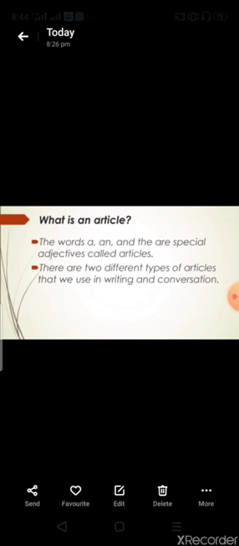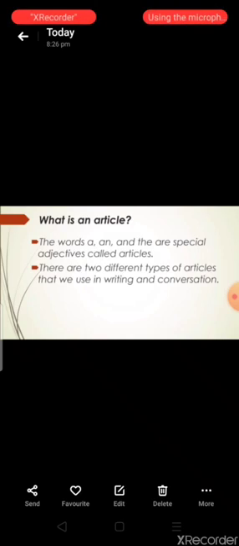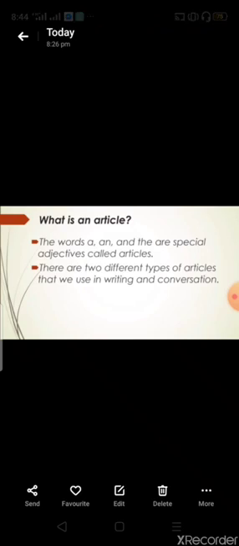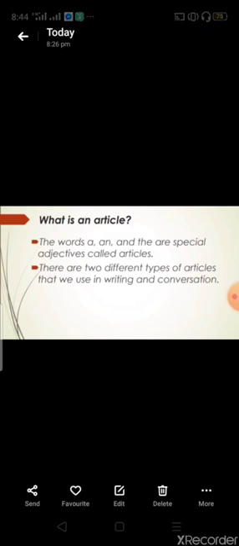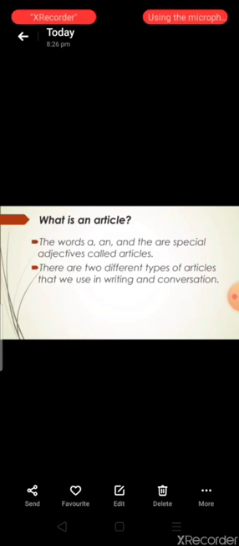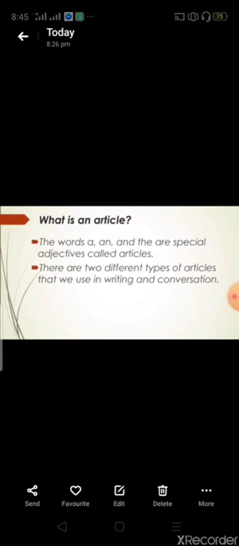There are two different types of articles that we use in writing and conversation. A and an, and the are articles. A and an do not refer to a particular person, place, animal, or thing. They are called indefinite articles.